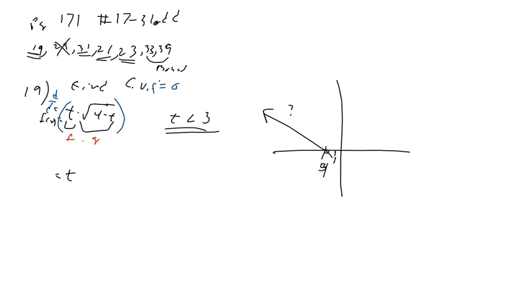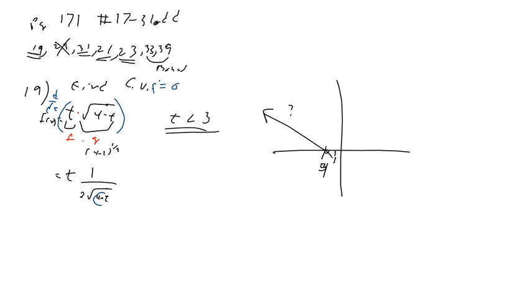The derivative of square root of 4 minus t. Well, this is 4 minus t to the 1/2. So I know it's going to be 1 over 2 radical 4 minus t. But then I need to take the derivative of my inner function.